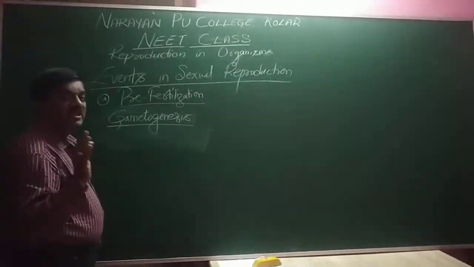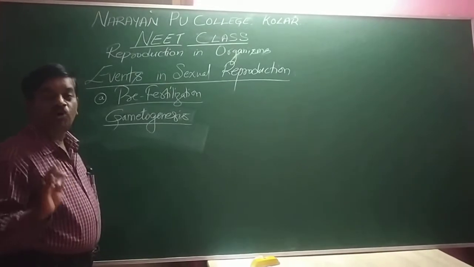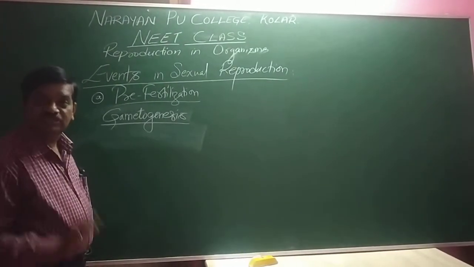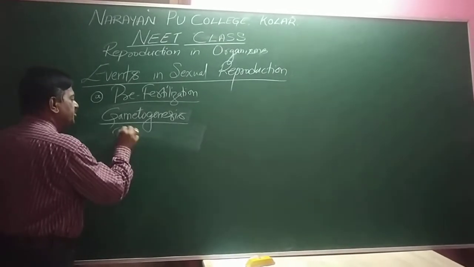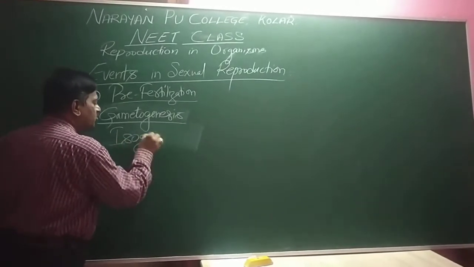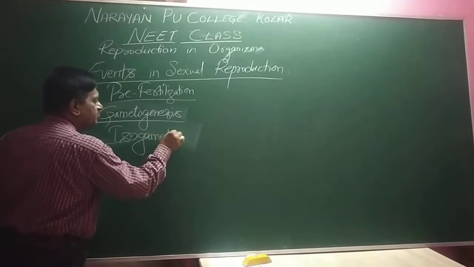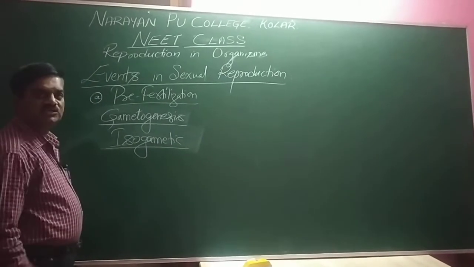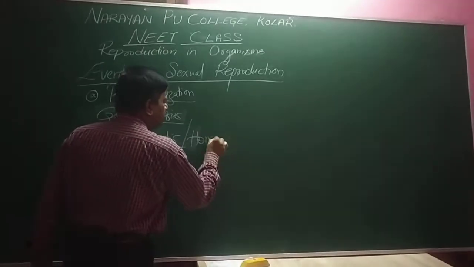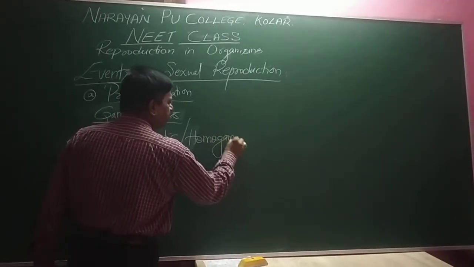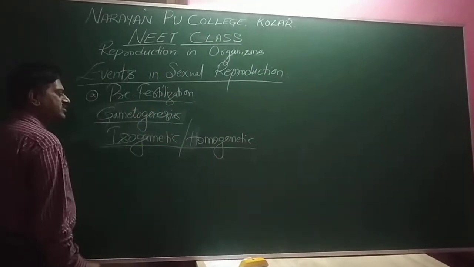If both the gametes are similar, we use the word isogamatic. Both the gametes are similar, we use the word isogamatic, or we use the word homogamatic. Here, the gametes are similar.